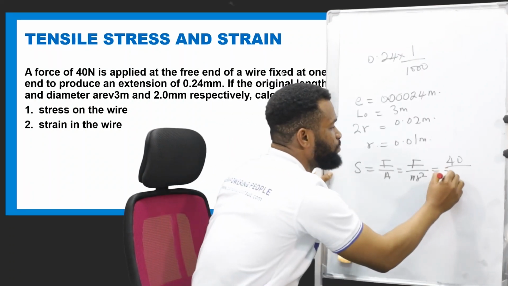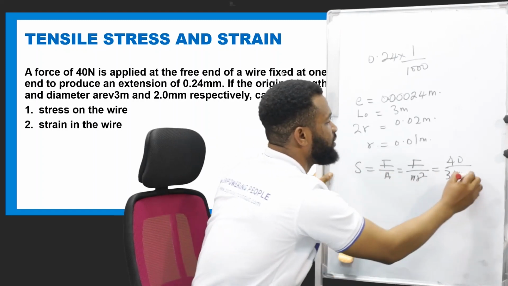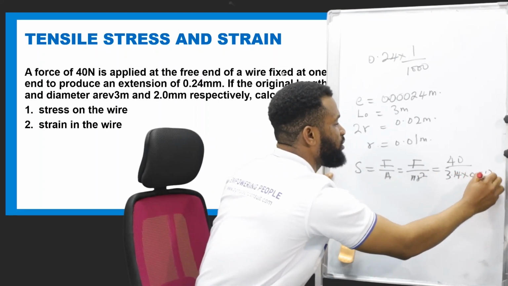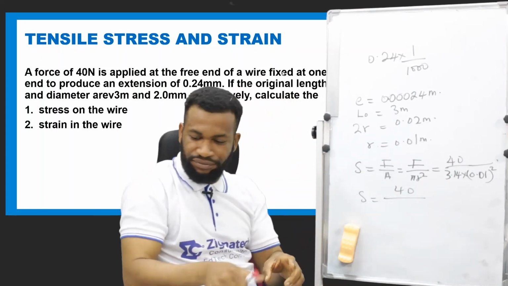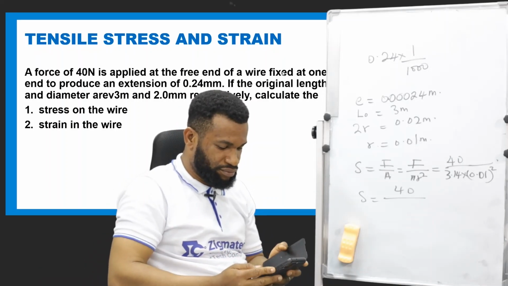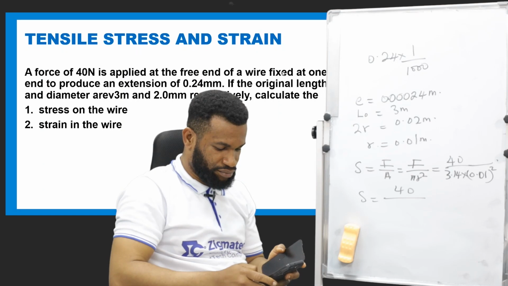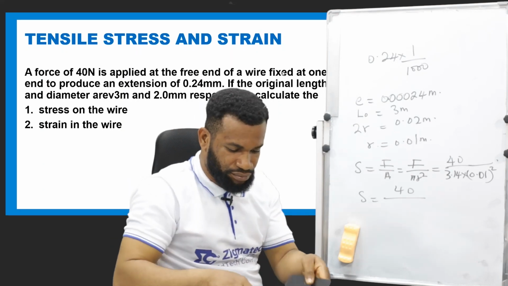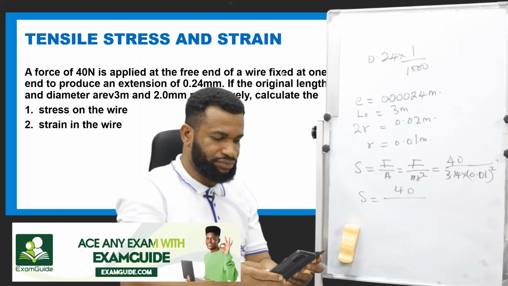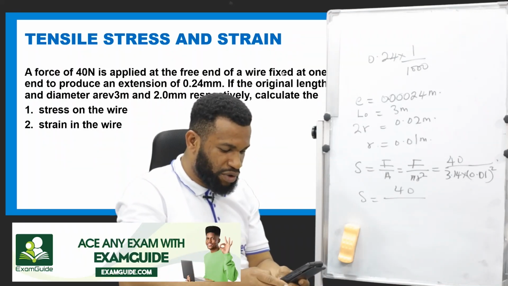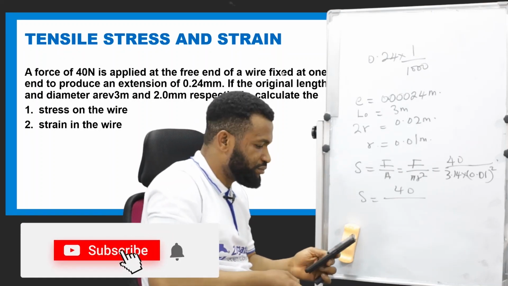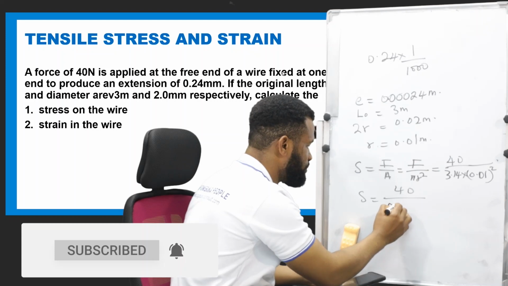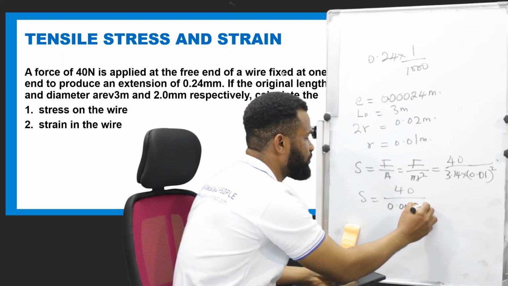So I'm going to have that force given here is 40, divided by 3.14 multiplied by radius 0.01 all squared. So the stress is going to be 40 all over 3.14 multiplied by 0.01 times 0.01, which is 0.000314.